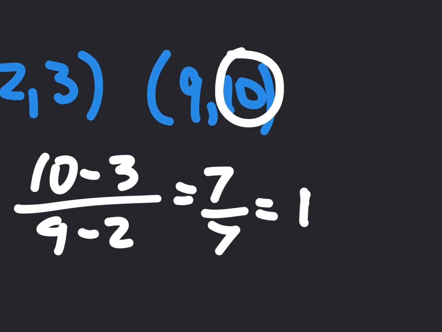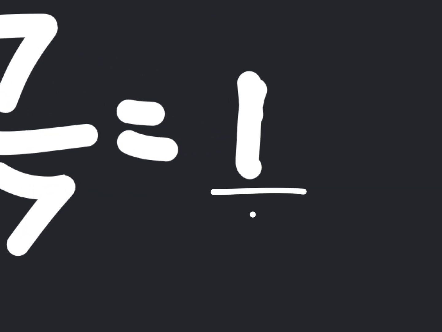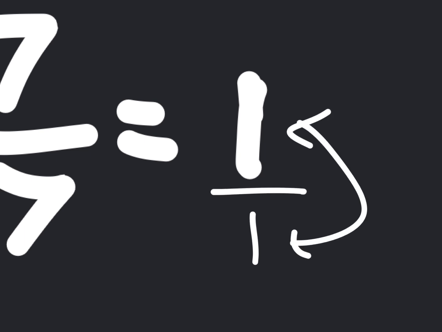Is that fairly easy? All right, now one of the weirder ones to do a slope for is 1, because 1 feels like it doesn't have a rise and a run. But remember, when you only have one number, you can always put it over 1, and then your rise is 1 and your run is 1. The other thing that's weird about 1 is if you flip it over, do you get it's still 1?